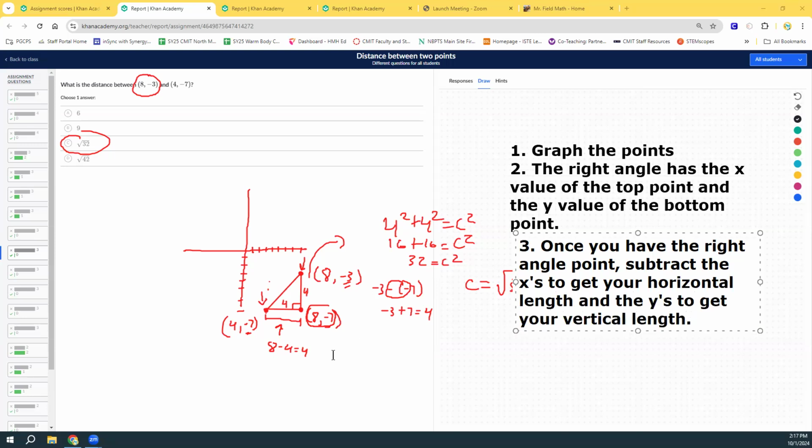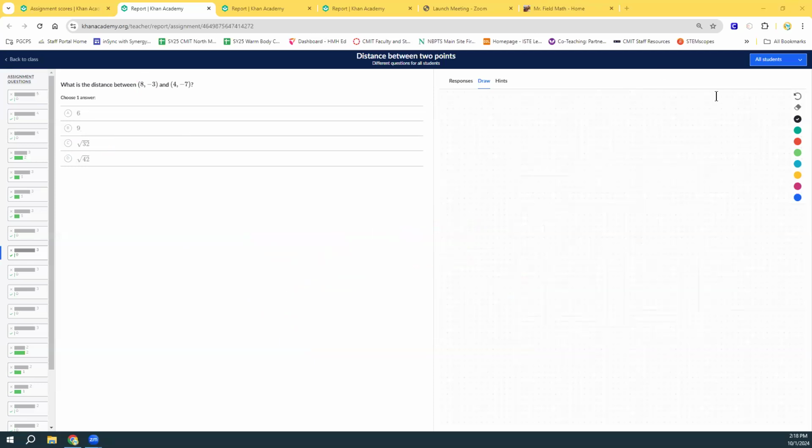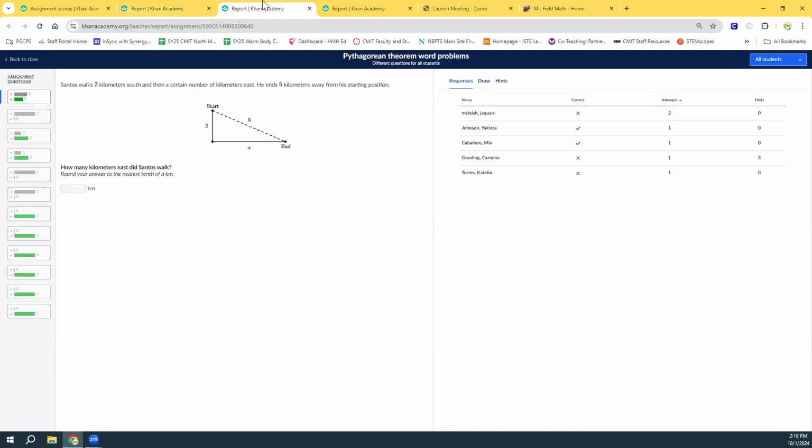So you see that's what we did here. We subtracted the x's and we got 4, and we subtracted the y's and we got 4. And then use the Pythagorean theorem. So 4 steps there. See what you can do. Put the traffic light problems when you get stuck.